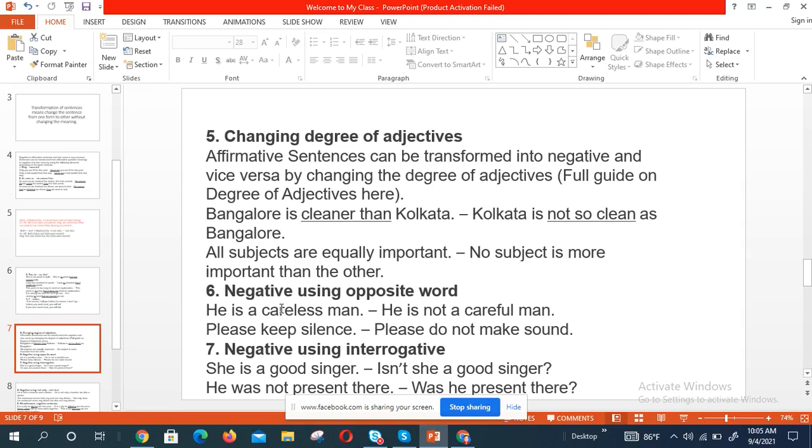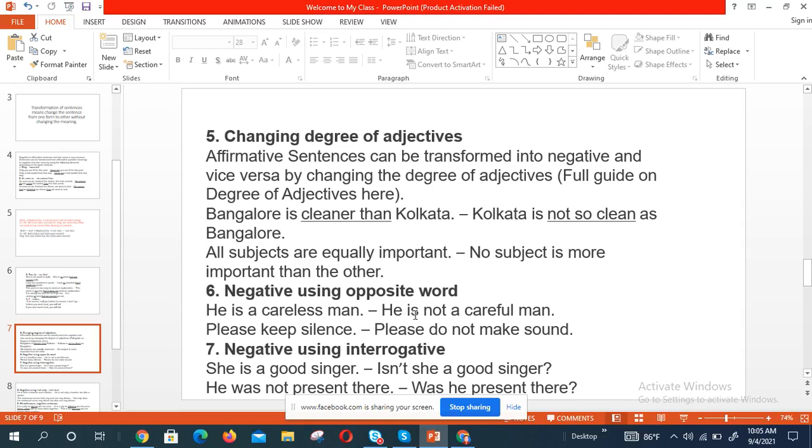Now, negative using opposite word. By using opposite words, sometimes we can change negative to affirmative, affirmative to negative, by negative word or positive word. He is a careless man. The sentence is affirmative. If you want to make it negative, you have to use the opposite word of careless.